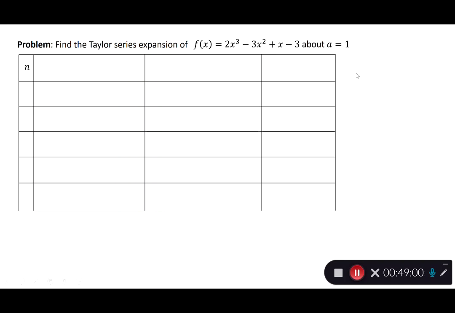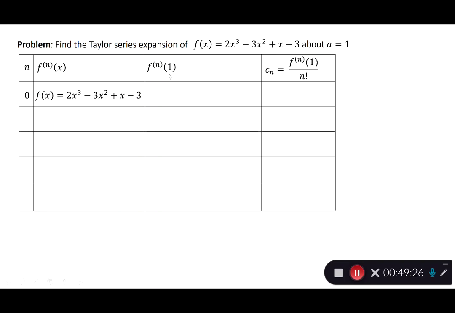Okay. All right. Again, table, n, f to the n, and so on. But notice here we evaluate the derivatives at a, which happens to be 1, unlike in the previous cases where a was 0, right? So be sure to do that. And so when n equals 0, we have this polynomial.